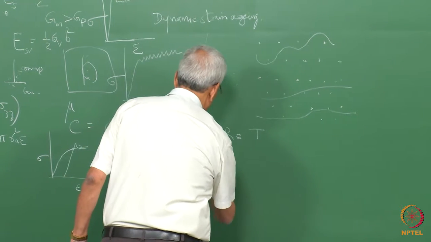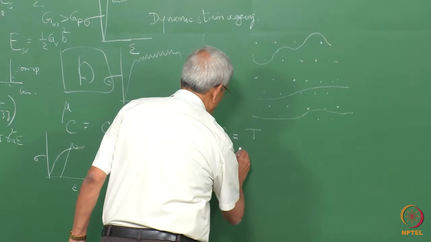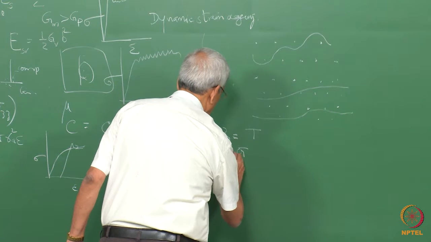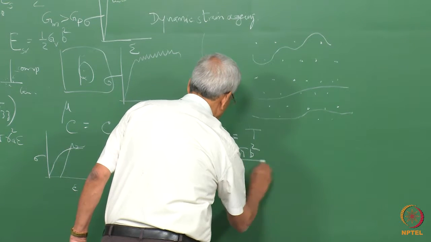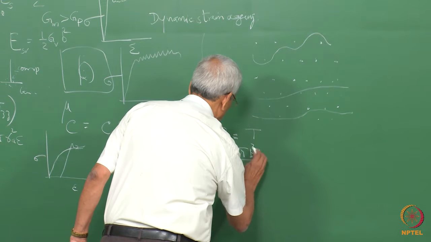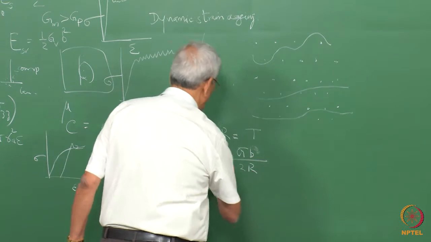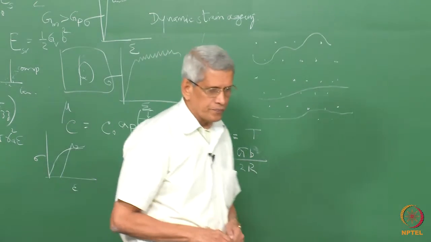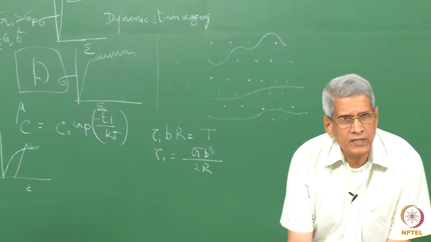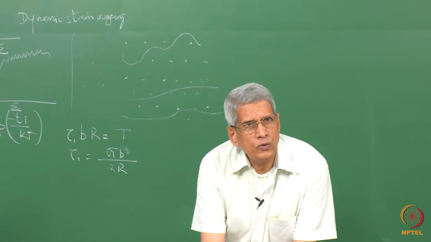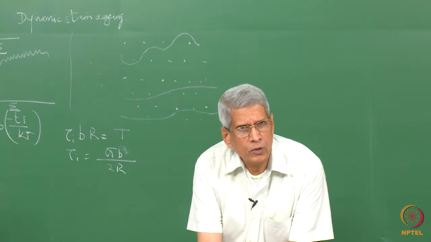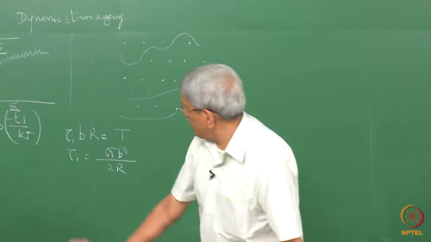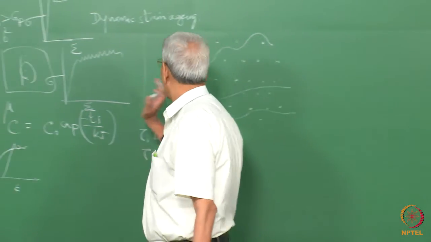From this we can find that T will be equal to half Gb squared, so the force is Gb by 2R, from which we can find R, correct? This is with respect to a particular defect or some concentration of defects.